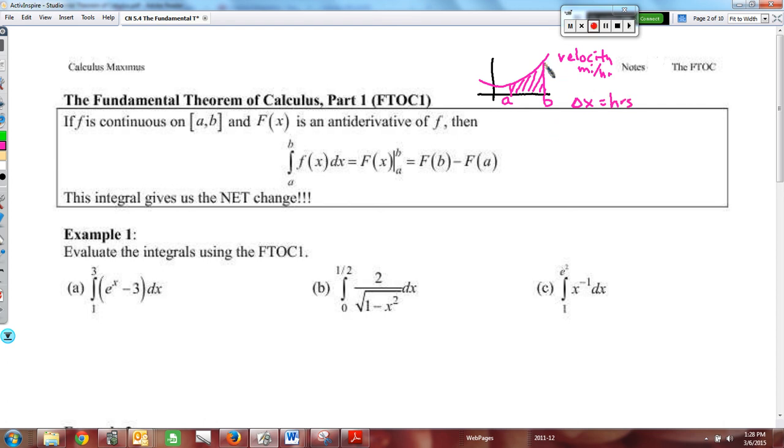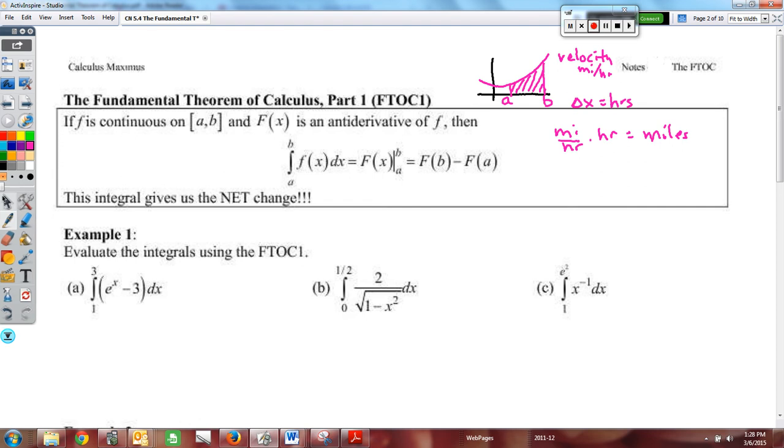Your height of each one is going to be your rate, your miles per hour, and if I take my miles per hour times my hours, I get miles traveled, which is my displacement, my change in position that we are looking at.